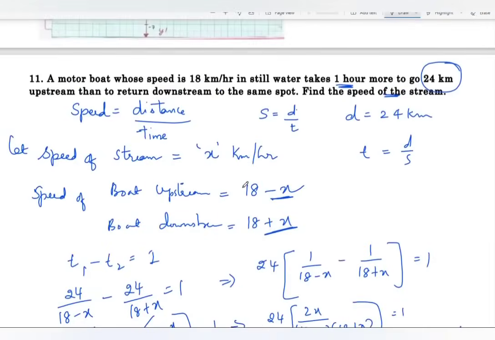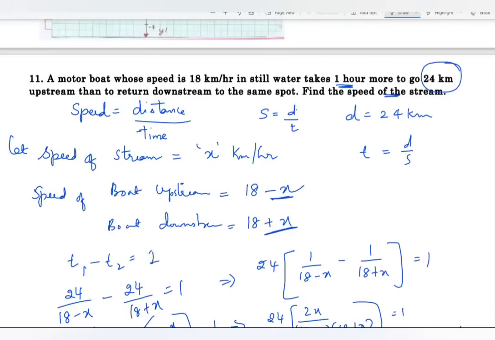Students, the first concept you should understand is speed equals distance by time, that is s equals d by t. In the question they have given the distance as 24 kilometers. The distance will not change, it remains the same. When you travel from your home to school, the distance will be the same, but the speed at which you travel will vary day by day.